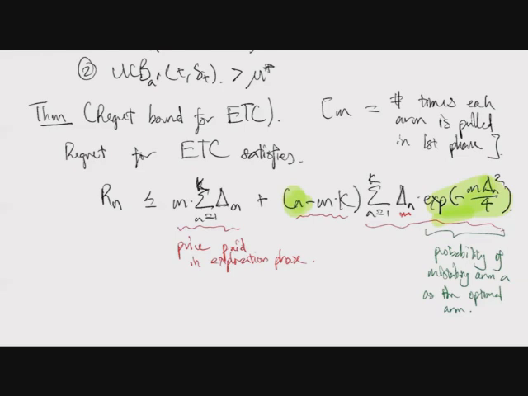And now this could happen for any arm, so we have to sum over all the k arms. And this gives us the formula for the regret bound for ETC.